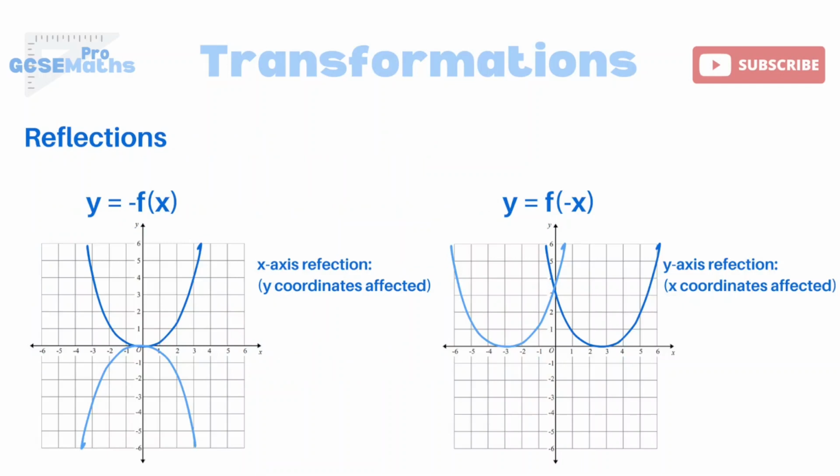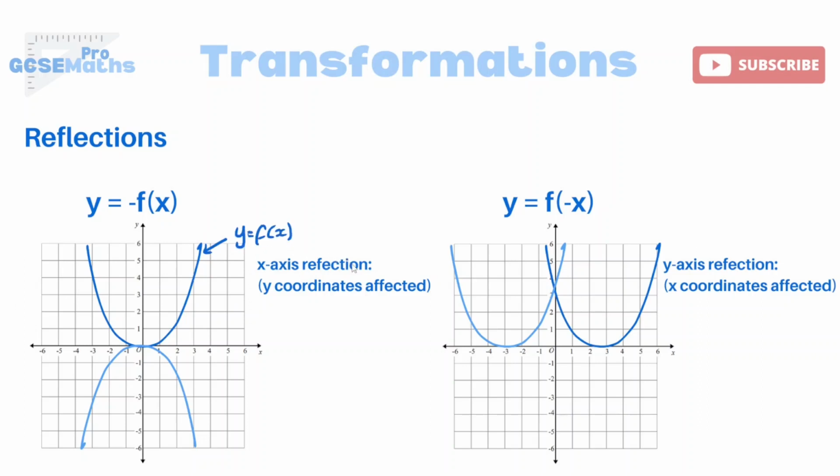Now, beyond that, we do need to memorize how we are given these types of instructions, because they're unlikely to just say, reflect this graph in the x-axis, for example. They're going to give you some format of y equals f of x. So here, the darker blue curve is the original, okay? Normally they'll say, here is a graph of y equals f of x.